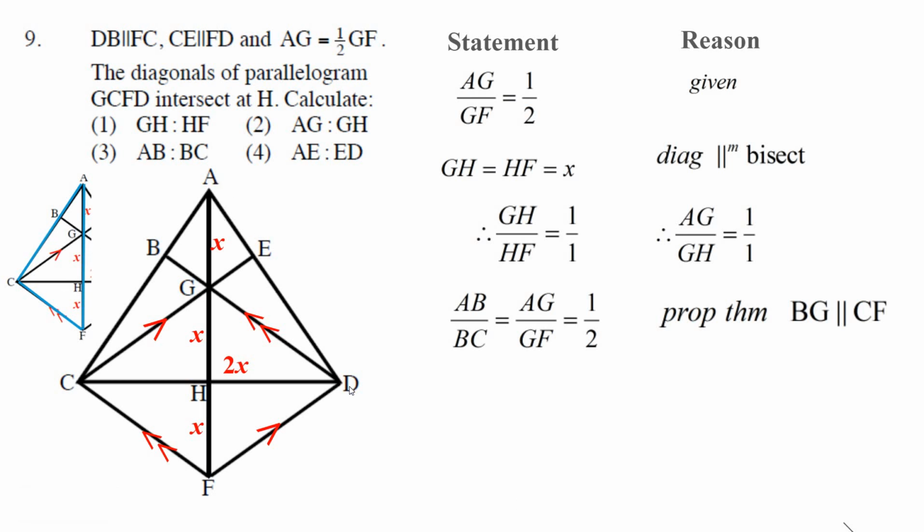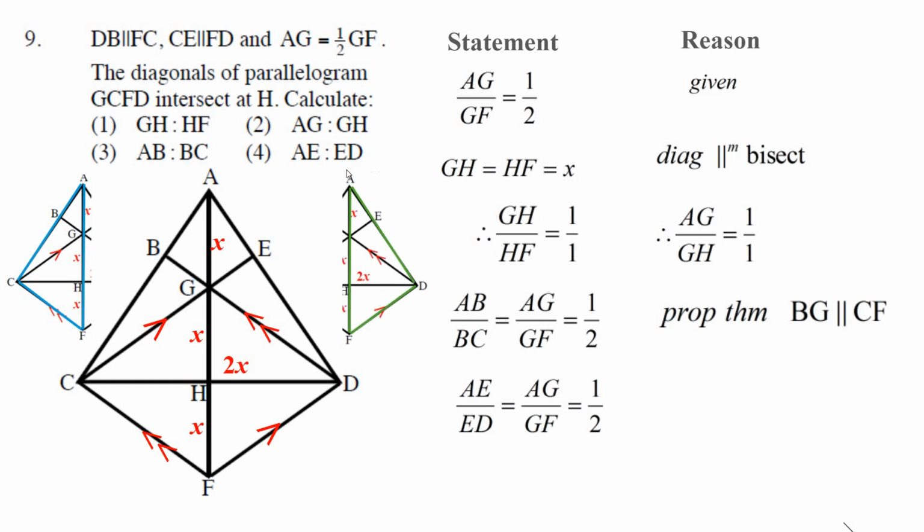What about AE and ED? Well, it looks like the same thing on the other side of the triangle. We're going to make those ratios. AE goes with ED the way that AG goes with GF. And what triangle are we looking at? I highlighted it in green. It's right here. And GE is parallel to FD.